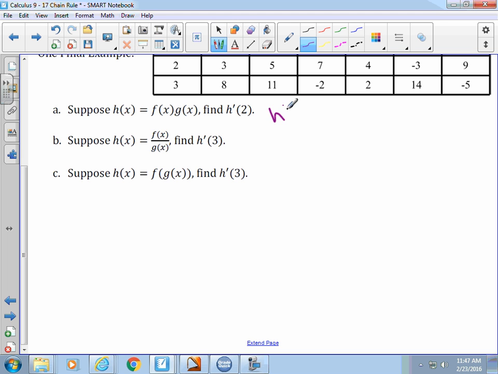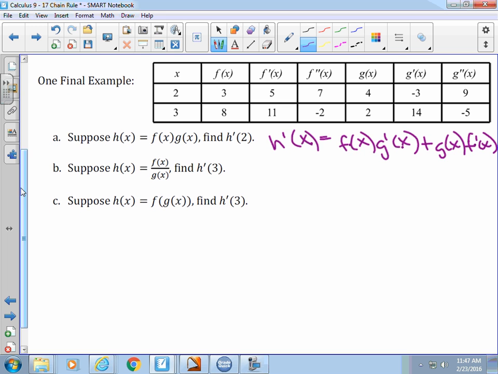So h prime of x would be left d right plus right d left. Everyone agree with that? And plug in 2. What's f of 2? I hope it's in the table.